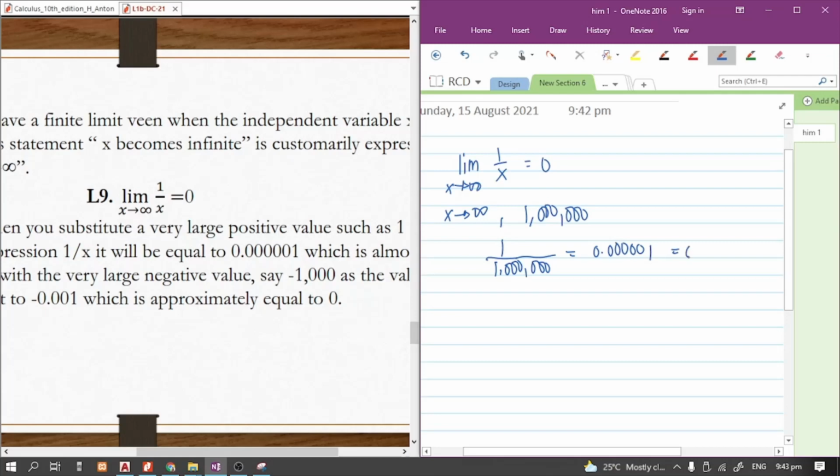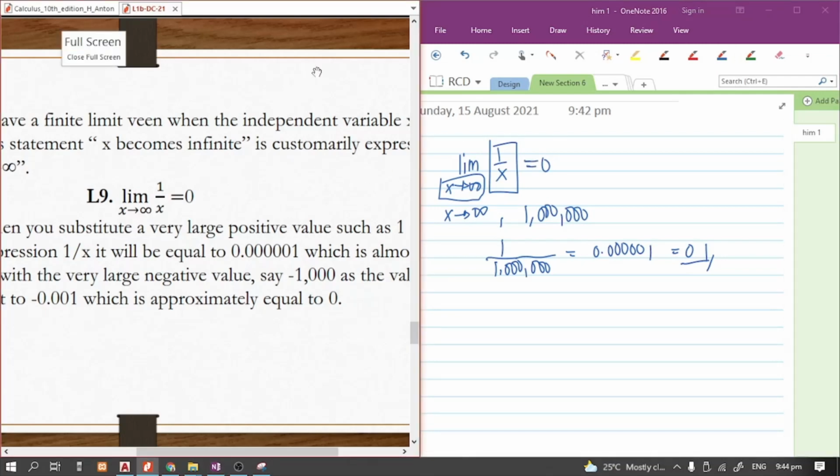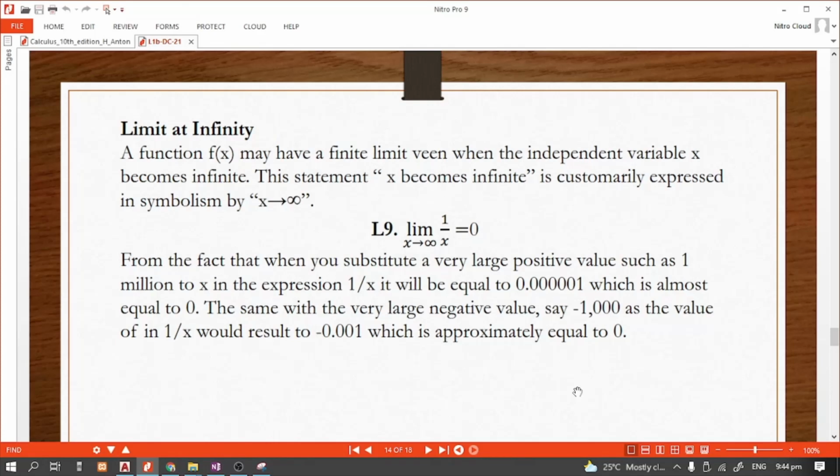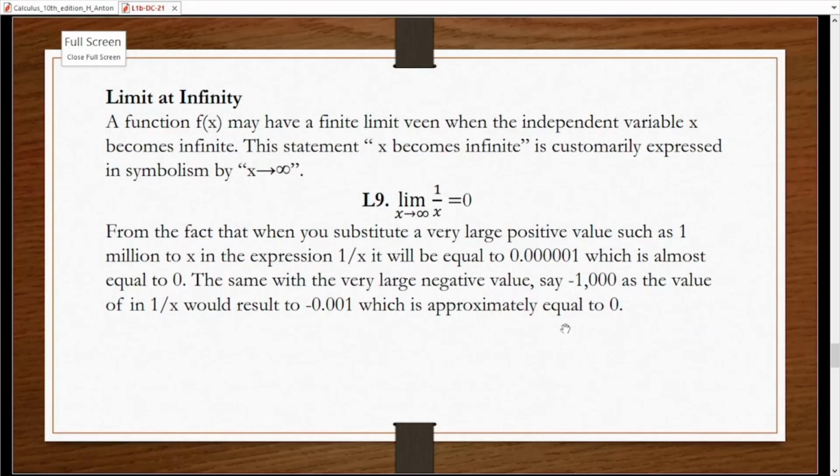So, this expression is approximately equal to 0. Therefore, kapag naka-form tayo ng ganitong equation, at in-evaluate natin yung x approaching infinity, mag-i-equal pala siya into 0. Yun yung theorem number 9.